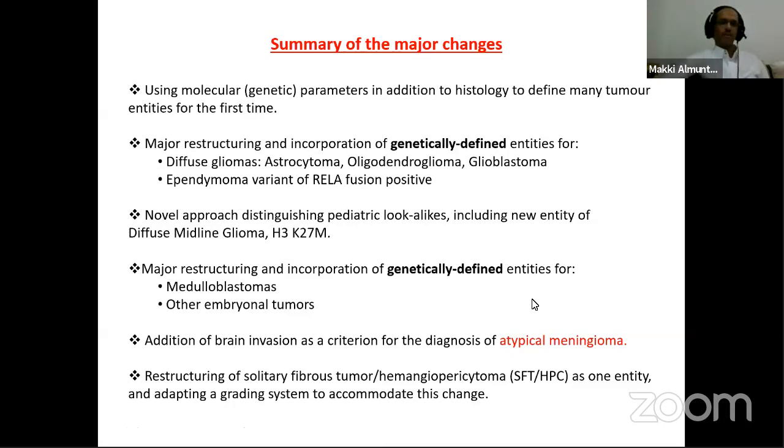This is the summary of the major changes in the WHO classification 2016 compared to the previous one.